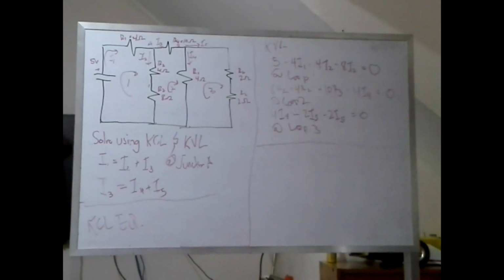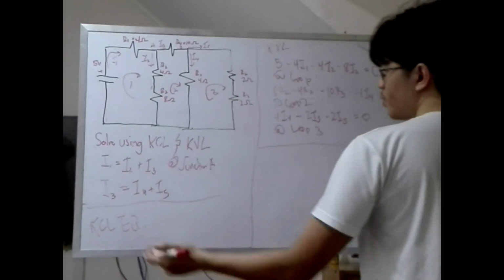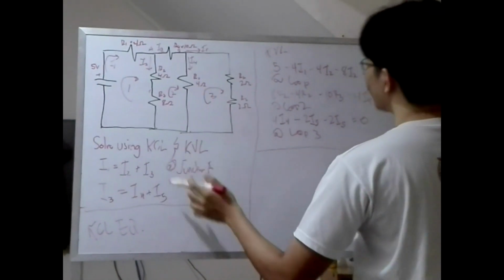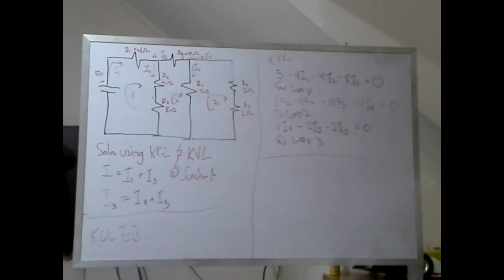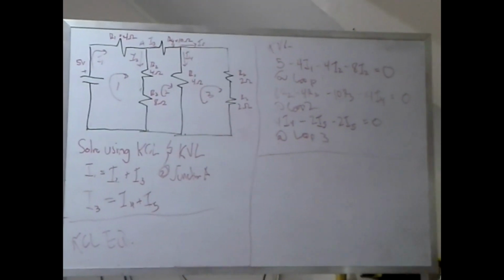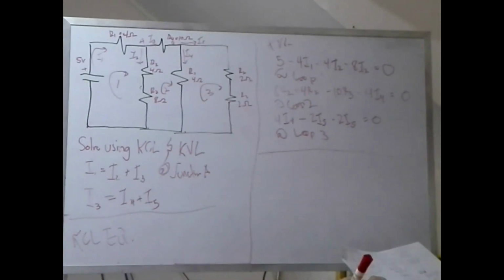So from these 5 equations, we have 5 unknowns, which are I1, I2, I3, I4, and I5. We need to find a way to solve this. The best way I have thought about is substitution.